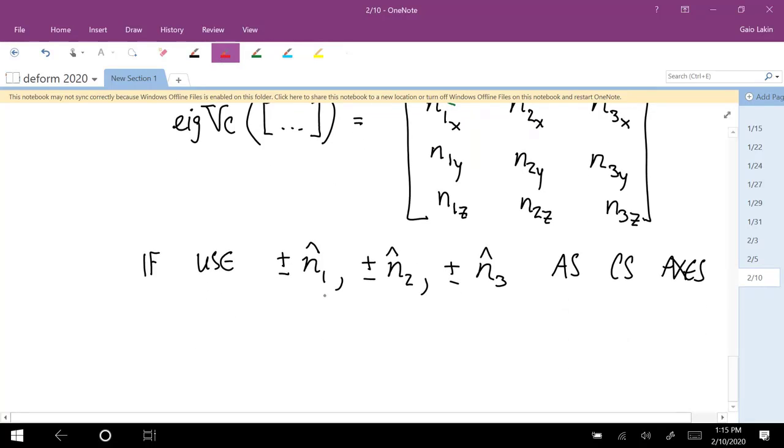Okay, so this is your new x-axis, y-axis, and z-axis. And the plus and minus are just to make sure that it's a right-handed coordinate system, because you have to have a certain relationship between x and y and z and x, right? X cross y has to be equal to z, y cross z has to be equal to x, x cross z has to be equal to negative y.